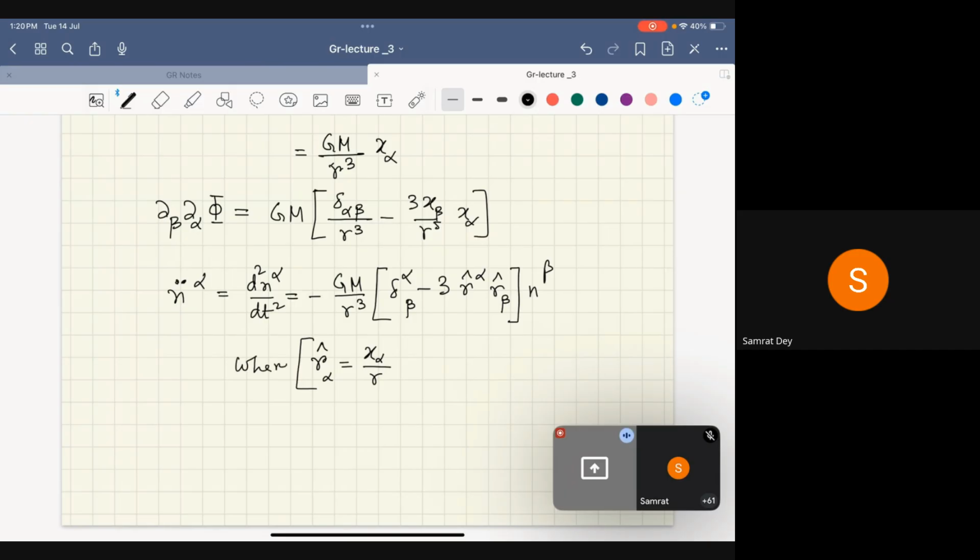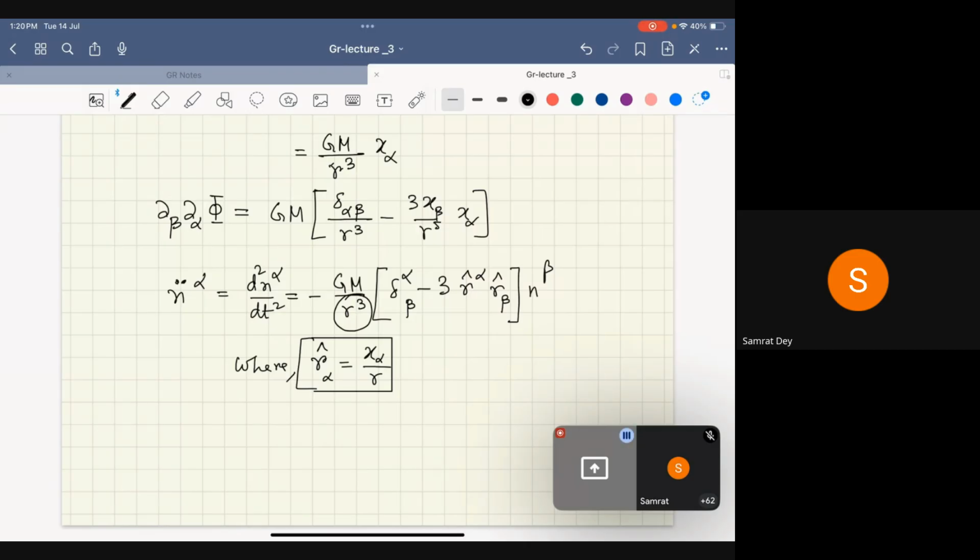So you can clearly see that the acceleration goes as 1 by r cube, and this is exactly similar to what you will see when tides happen on the surface of the earth.